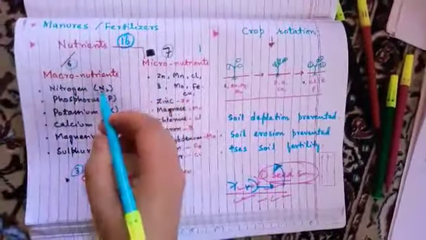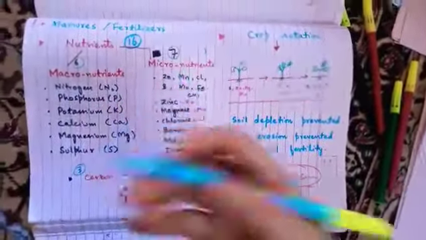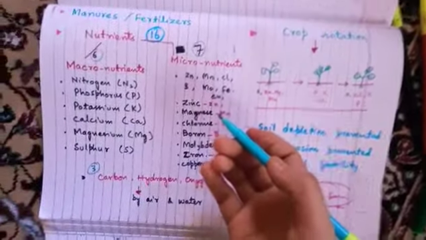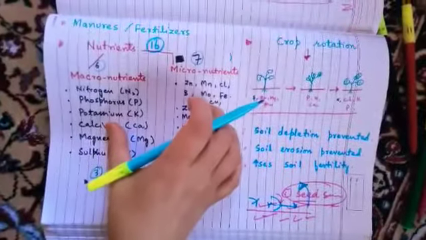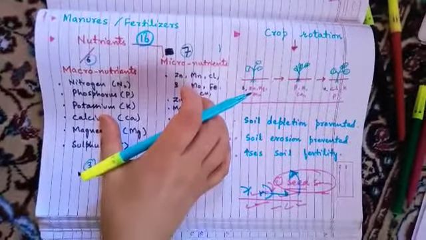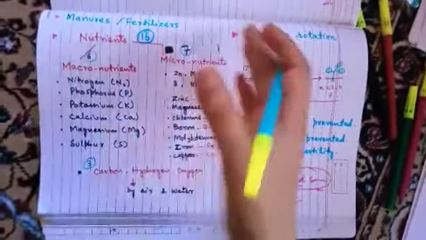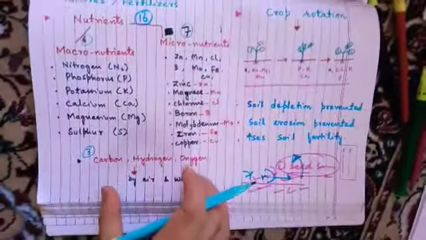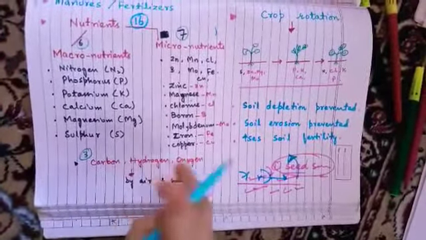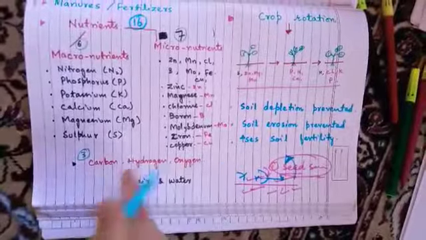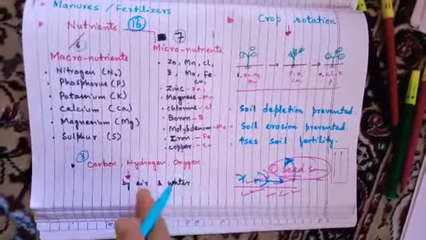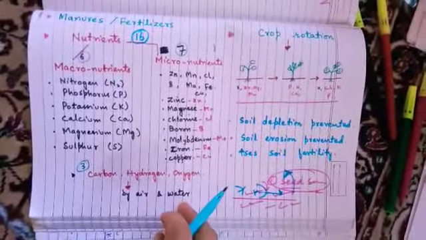I have bifurcated them into two types. So soil is called the nutrient pool for crop production, and only three nutrients of them, carbon, hydrogen and oxygen, come from air and water.